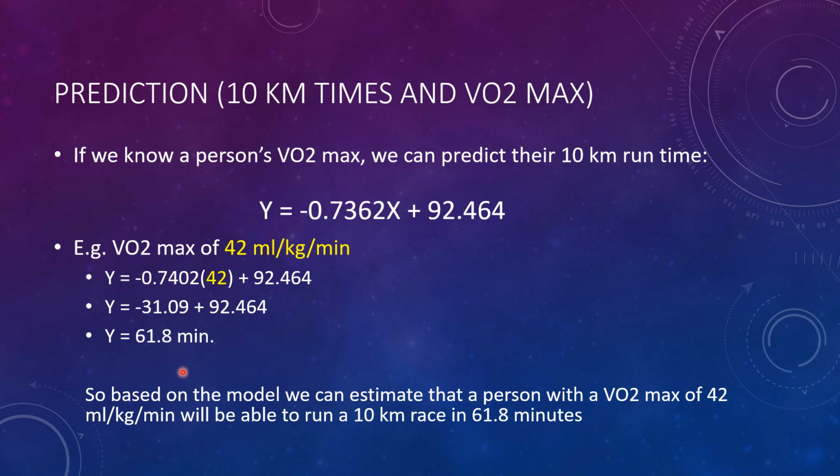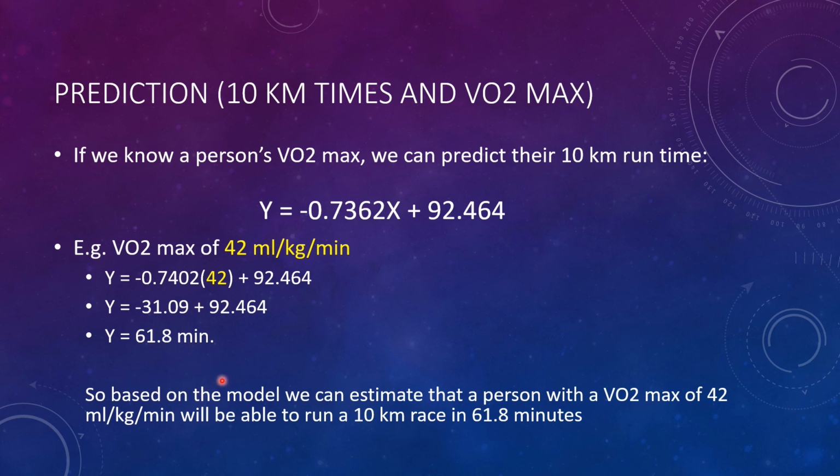Now, if our participant went and ran a 10K and it came out to 63 minutes, that's actually pretty good for a level of prediction. Again, there's the terrain, and there could be wind conditions and the time of day of the running, all those different factors that can add in a little bit of error to what we think should happen ideally.